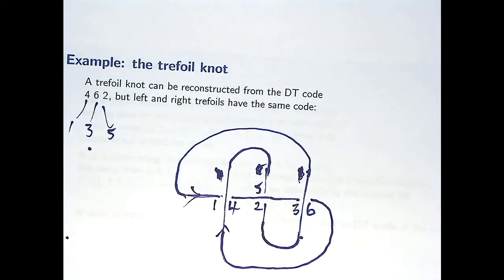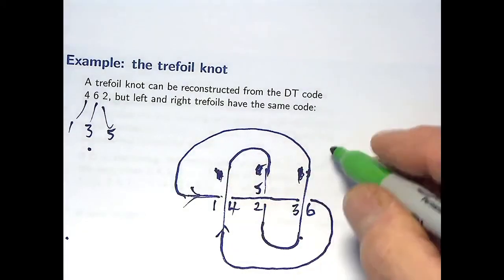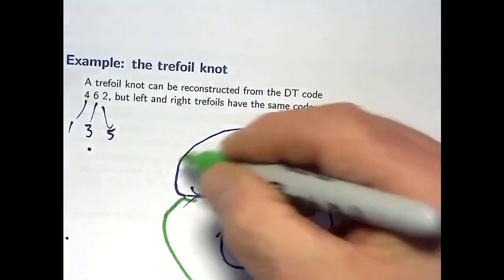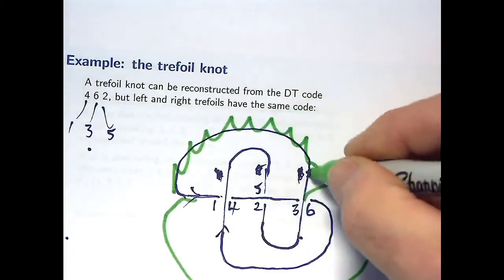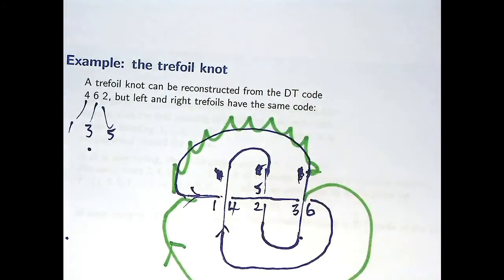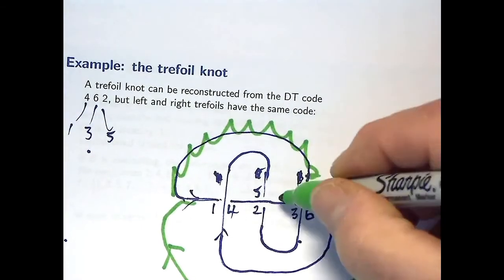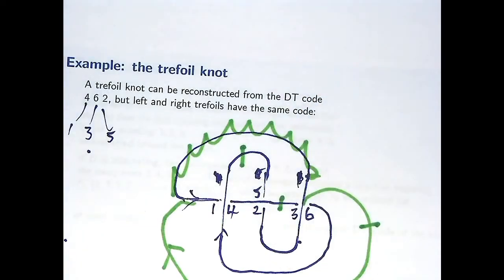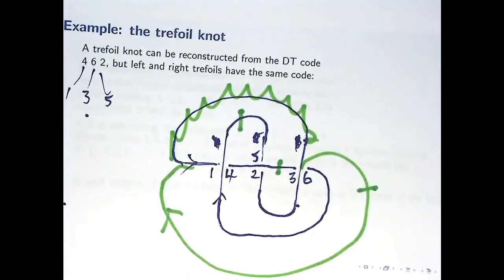To get the usual setup, I should have, in the final step, although it was much neater to do it as I did it, I should have really gone this way round it to get the usual picture of the trefoil. And that's obviously legitimate to do that. Now I've got, although it looks very strange, I do have 3 arcs on the outside of the diagram. And then it is, I think, the usual picture of the trefoil.